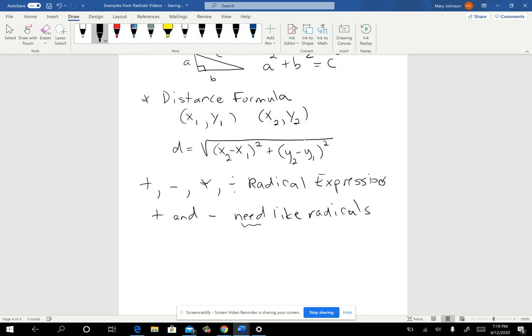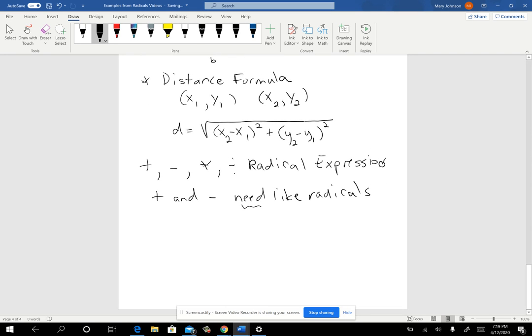Just like when you're adding and subtracting fractions, you need common denominators. Okay. And then we'll do our multiplying and dividing as well.